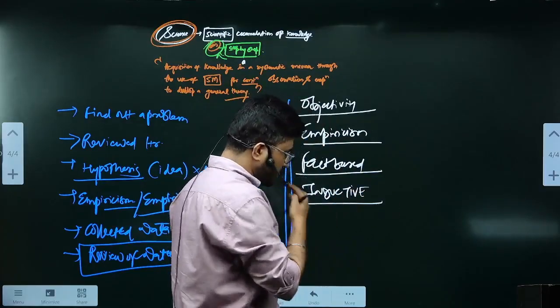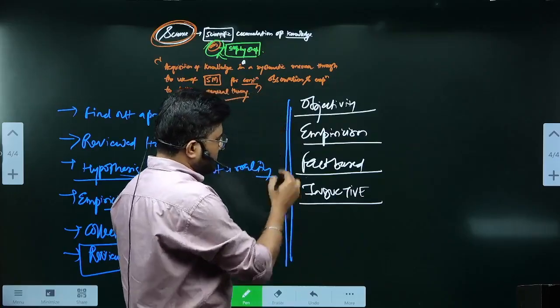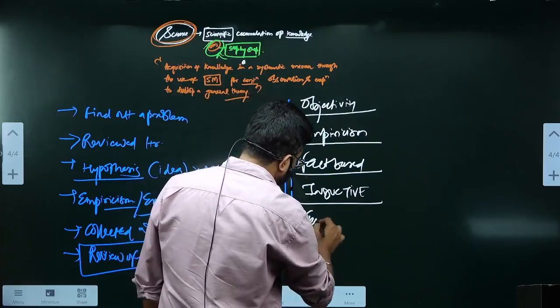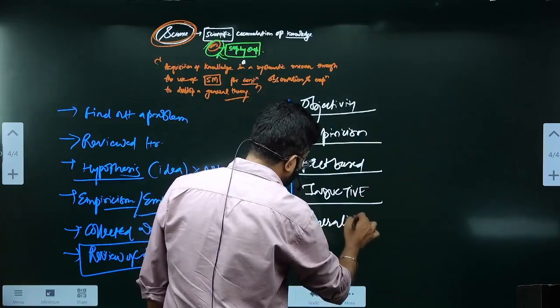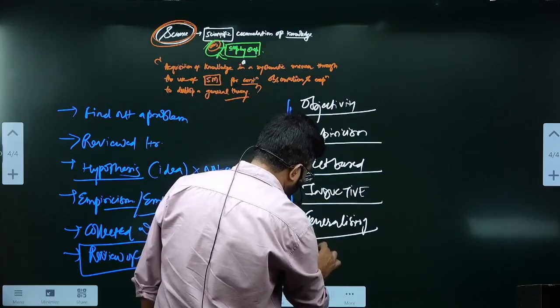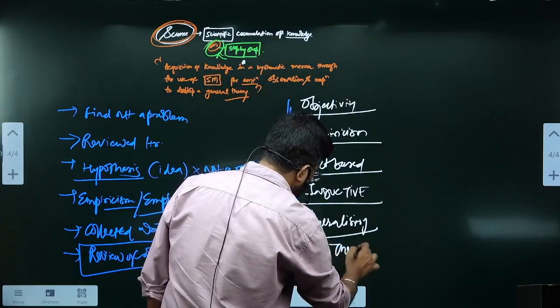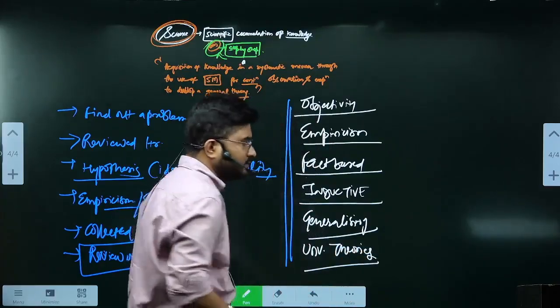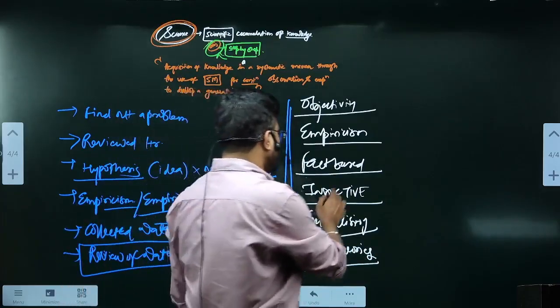What is this inductive? I will tell you now. They are looking for generalization, generalizing in nature. They are looking for making universal theories. So what is this inductive approach all about?